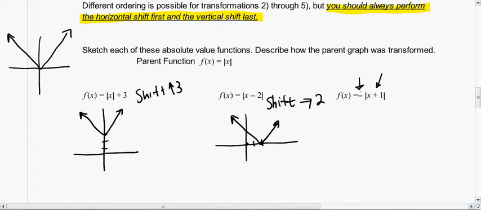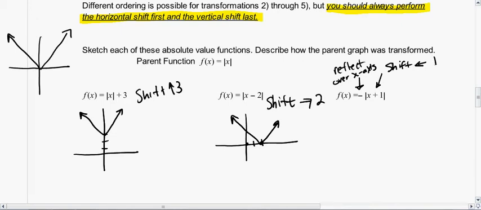So the outside of the function, that negation means a reflection. So I'm going to reflect over the x-axis. This is a vertical reflection. And inside I have a shift. It's a horizontal shift. So this is going to be a shift to the left, 1.